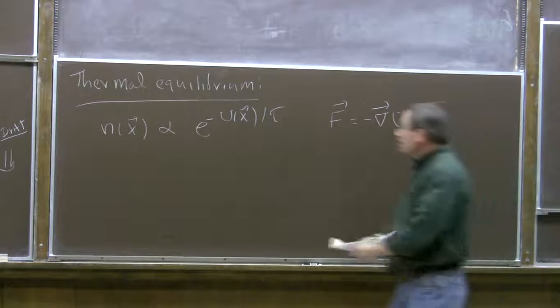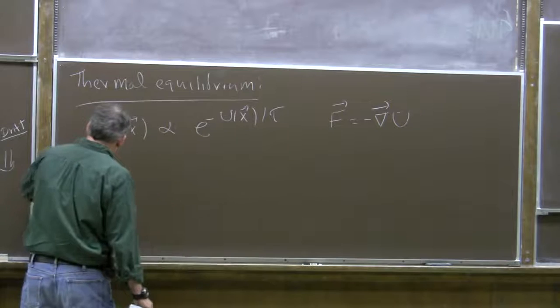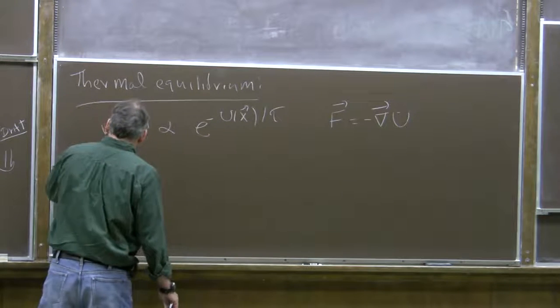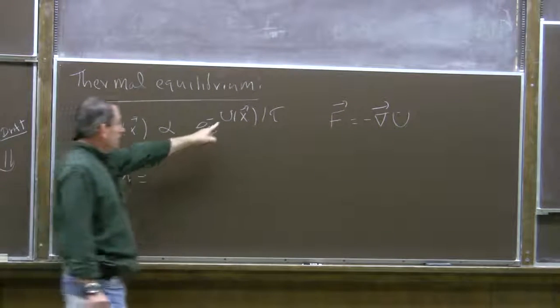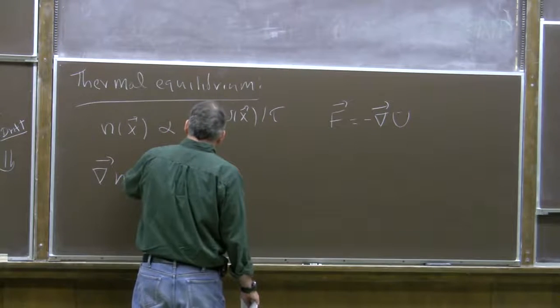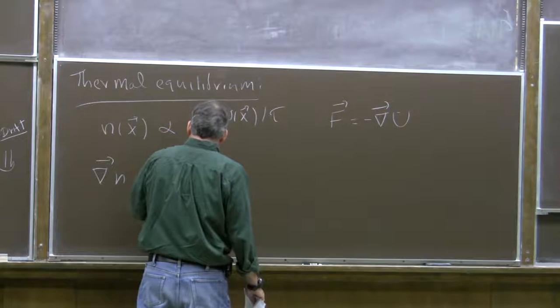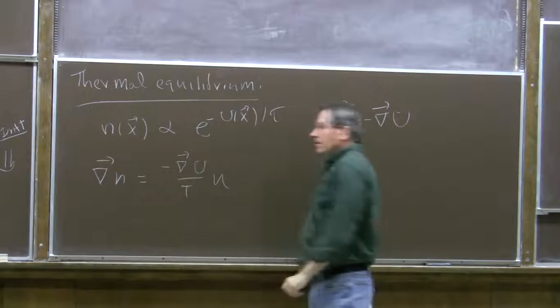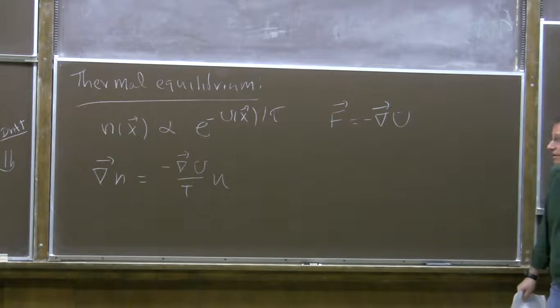So that means if I take the gradient of the concentration, I differentiate this exponential, so I get minus gradient of potential divided by temperature times concentration.